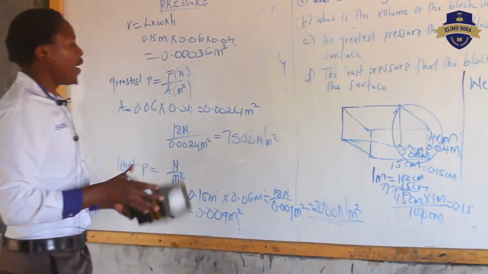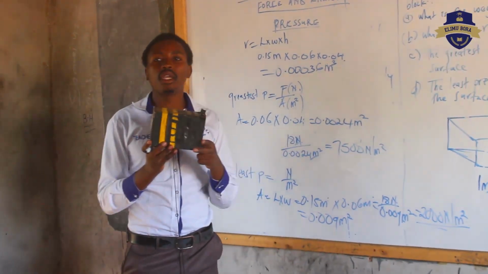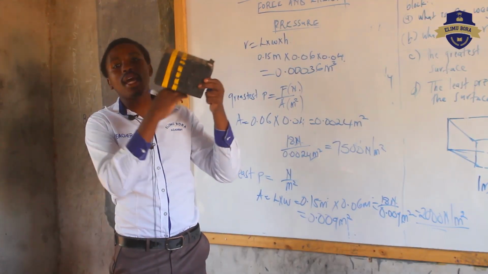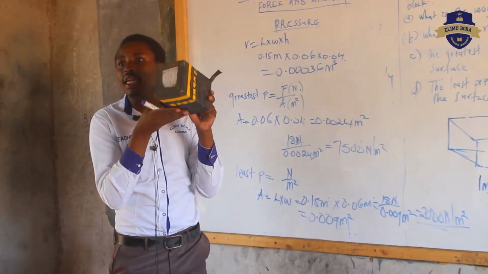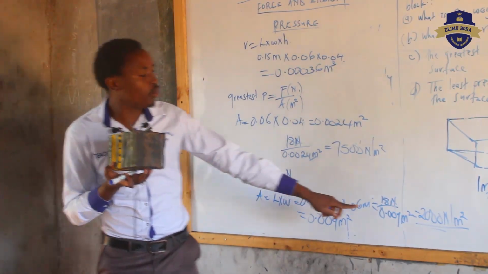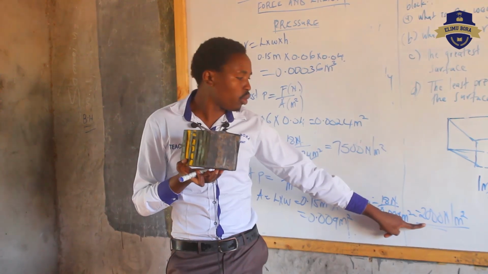So class, you can now compare the two surfaces. The larger surface gives which pressure, class? 2,000.